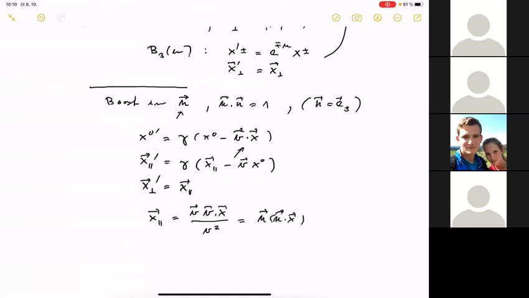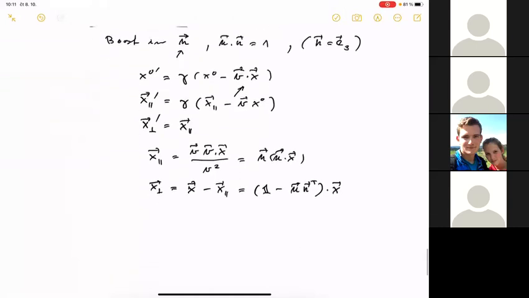And the orthogonal components are simply x minus x parallel, and this is nothing else but such an operator: 1 minus n times n transpose, acting on x, so that we can write it with matrices acting on this x.